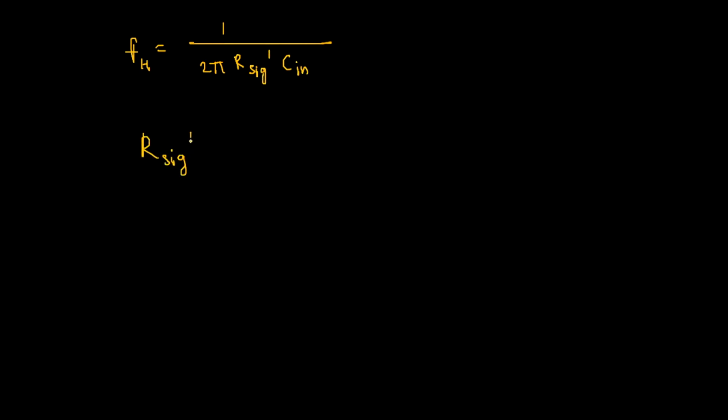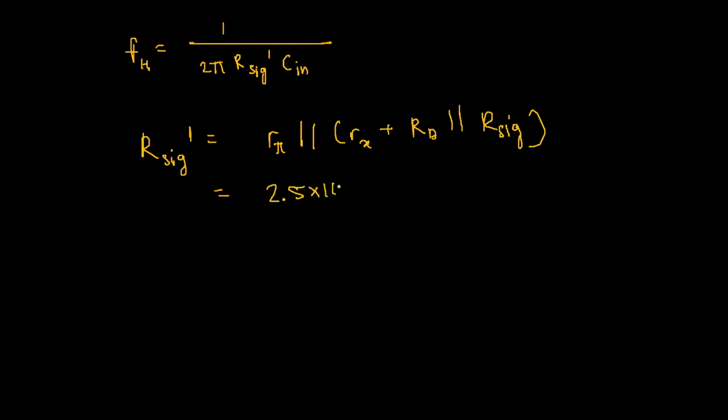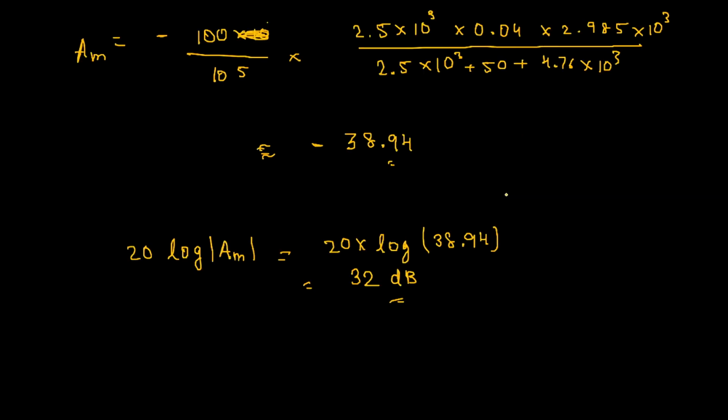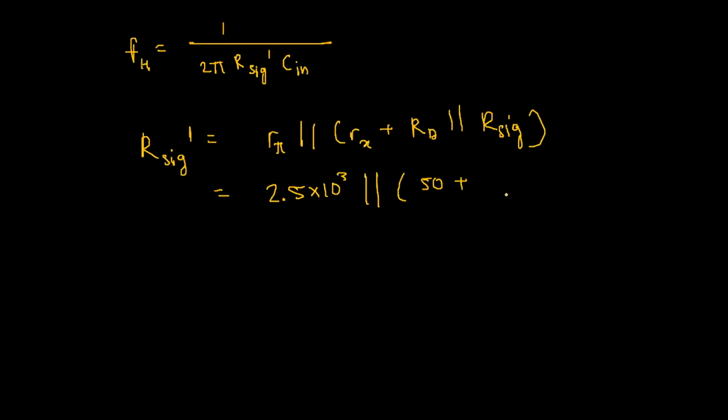R signal dash is equal to R pi parallel to Rx plus RB parallel to R signal. We found R pi to be 2.5 into 10 to the power 3, in parallel with Rx, which is 50, and RB in parallel with R signal, which we solved earlier as 4.76 into 10 to the power 3.